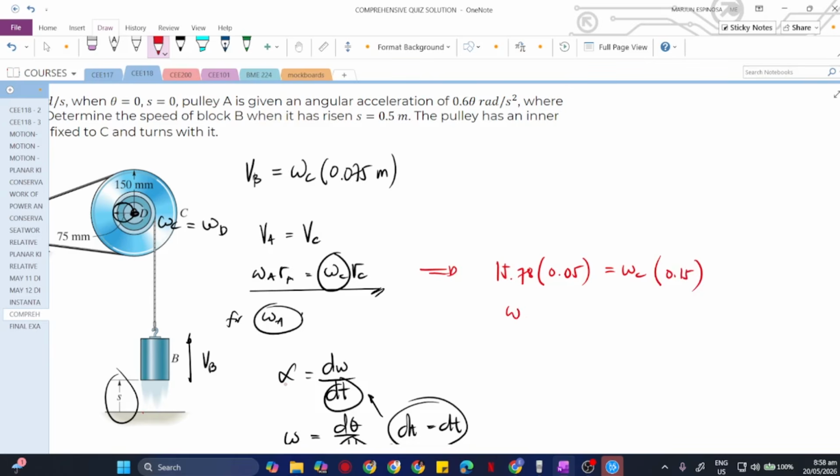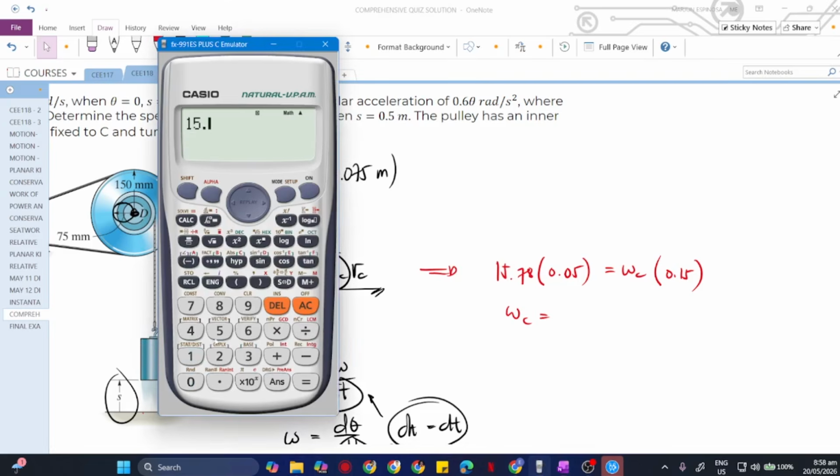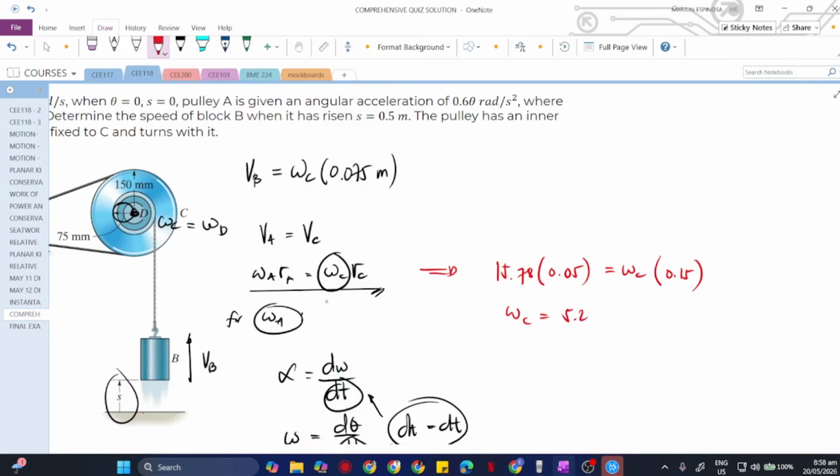So, omega C will now be equivalent to 15.78 tapos 0.05 all over 0.15. And that would be equivalent to 5.26 radians per second. So, yan yung gagamitin natin dito to solve for the value of velocity nitong block B. Okay, tapos 0.075.